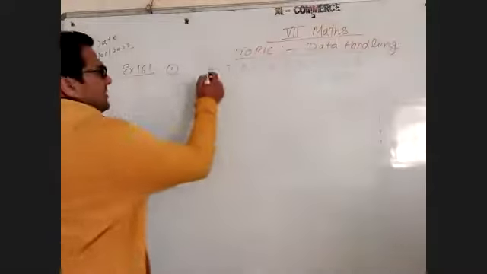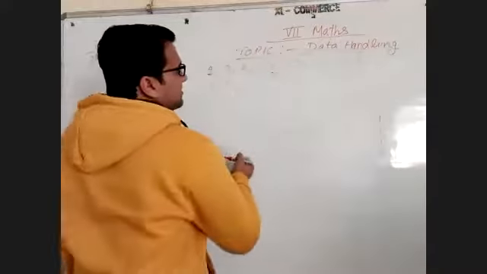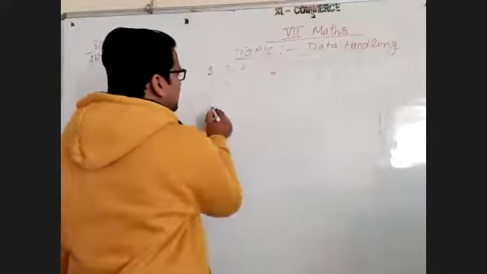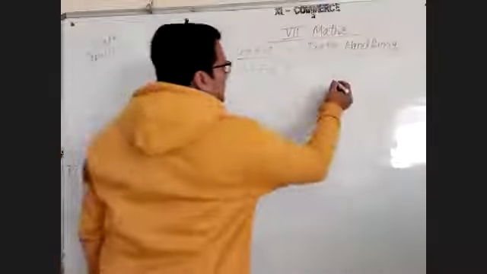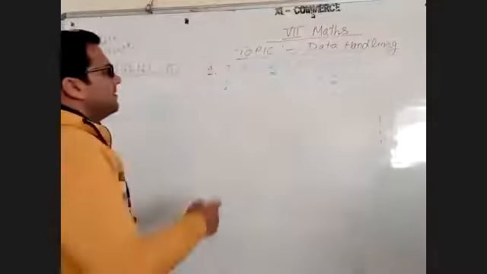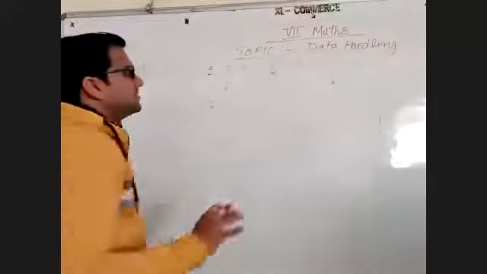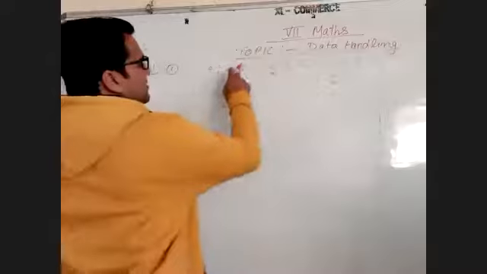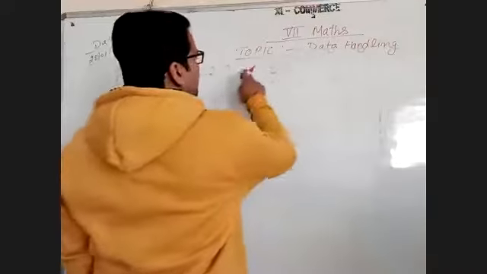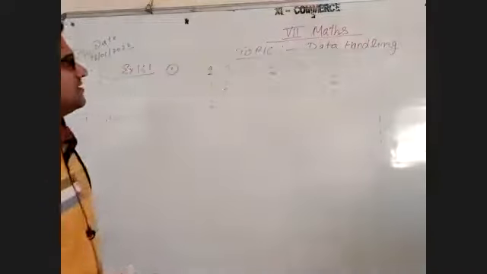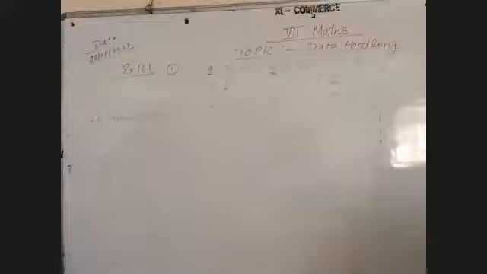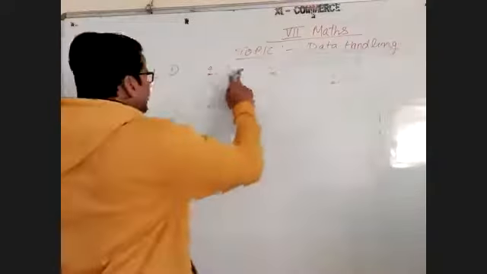This 4 is repeating here, 4 is here, 3 is here, and this one is also 4. So 4 is written 1, 2, 3, 4, 5 times. In the same way, 3 is also repeated number, and 2 is also repeated, 6 is also repeated, 1 is also repeated, 6 is only written here one time.